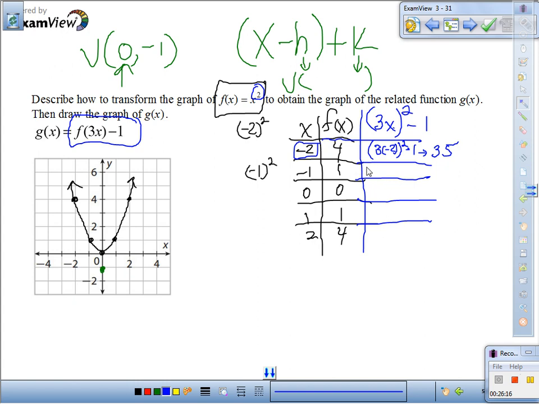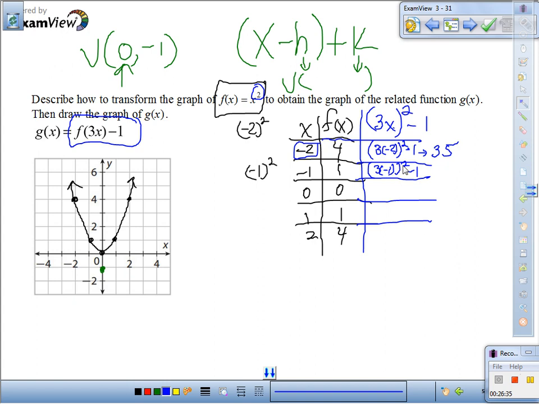Next, parentheses, 3 times negative 1 squared minus 1. So what is 3 times negative 1? Okay, once again, what is 3 times negative 1?